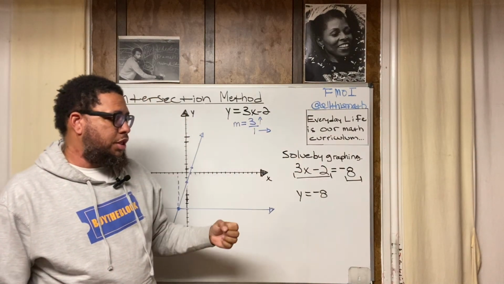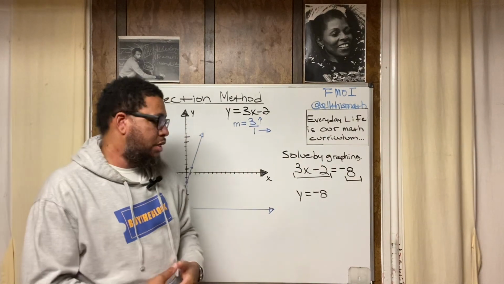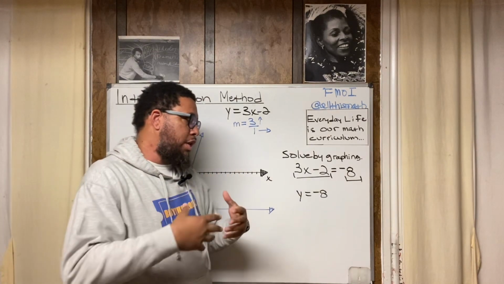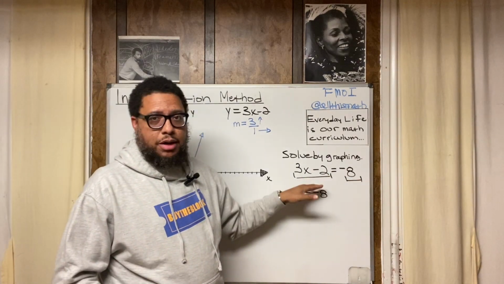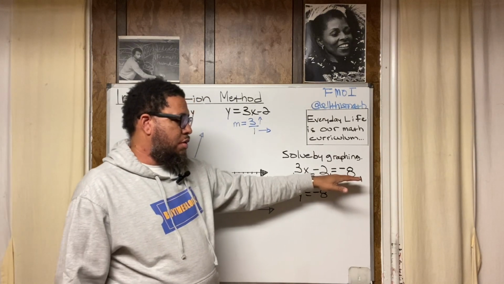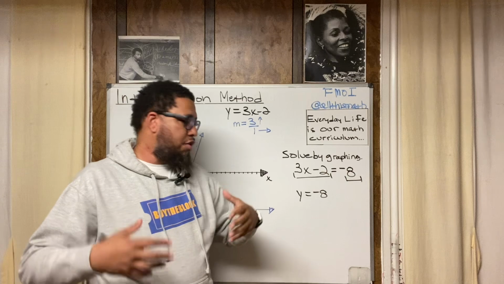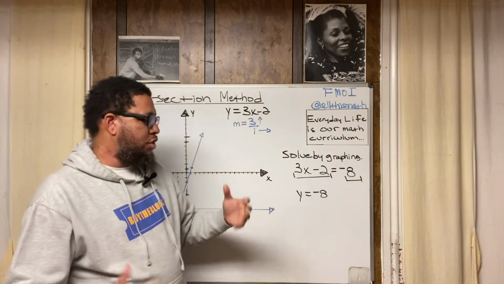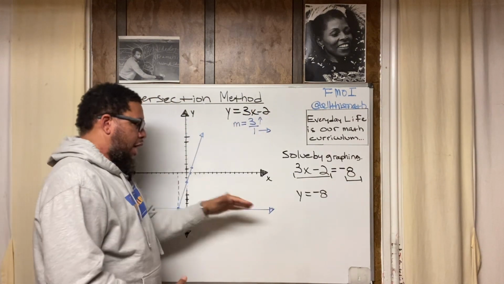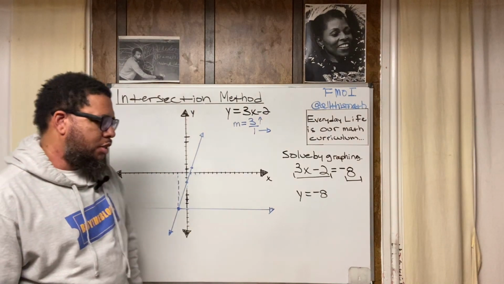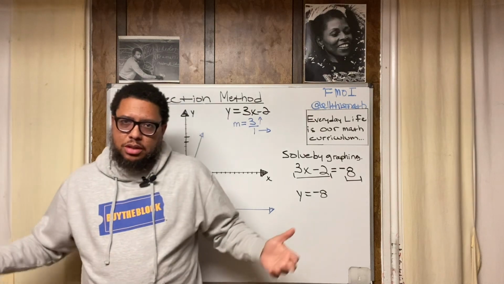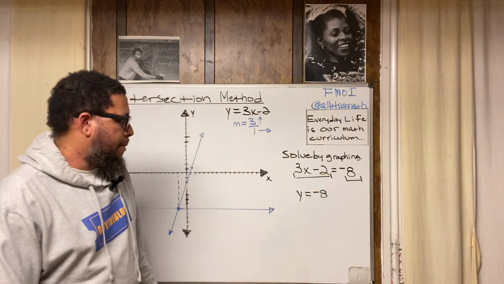To solve that algebraically, you would combine those 2 equations into one. Except in this problem, you're given the combined equation first, and then you got to break it up into 2 separate equations. And then you graph each line, and then you find out where they intersect. So it's just a way to develop algebraic fluency.